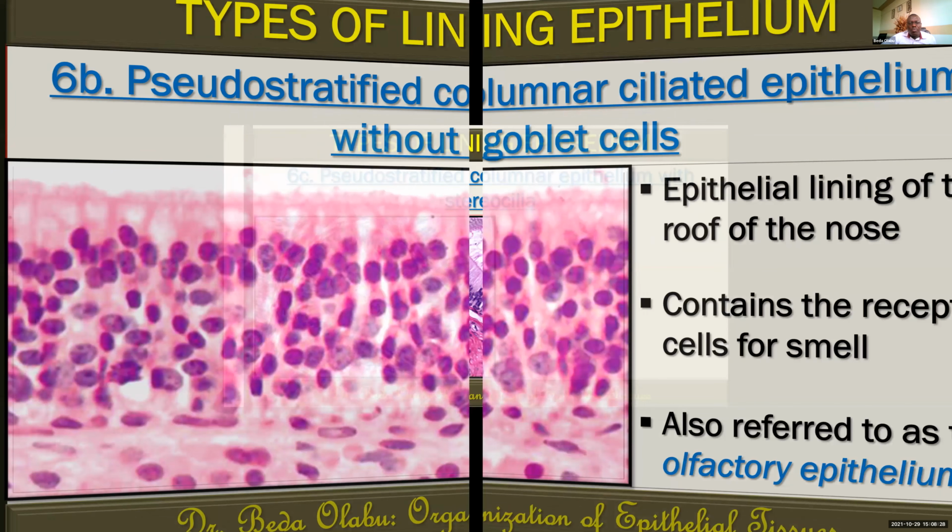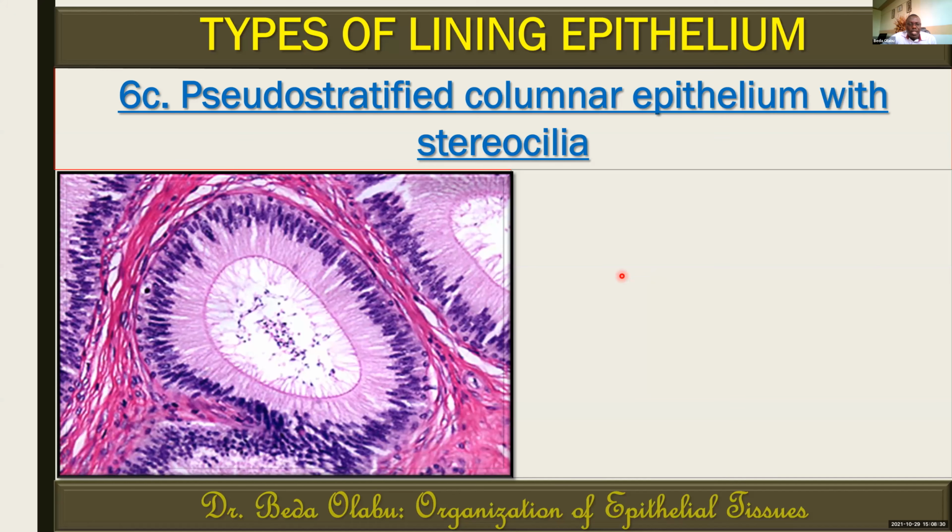The third subtype of pseudostratified columnar epithelium is this one, which we call pseudostratified columnar epithelium with stereocilia. Perhaps let me use this chance to also teach you how to pick from light microscopy that this epithelium is actually stratified and not pseudostratified, or vice versa.